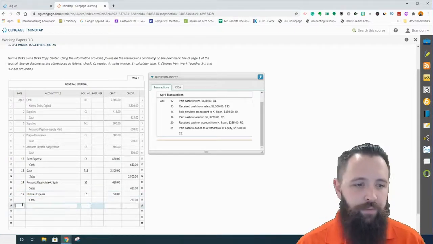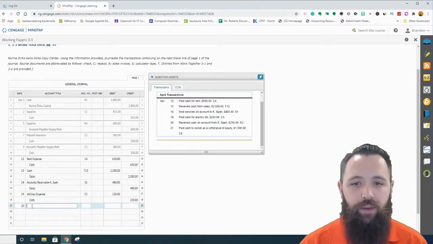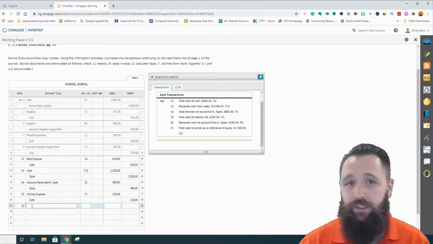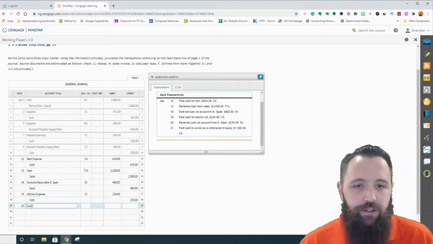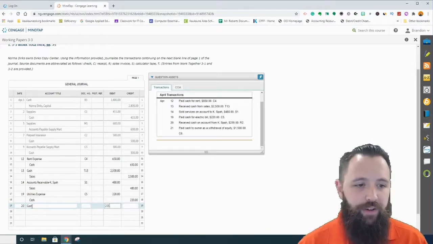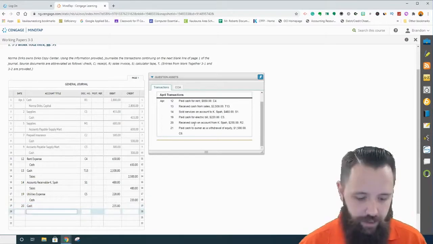Next, for number 20, it says received cash on account. It's now receiving cash on account from K-Spa who owed us that money before. So I know right away if I receive cash, cash is going to be listed first. I can always just tell that, right? Because cash must be debited if we receive it. Next, we have our accounts receivable from K-Spa.